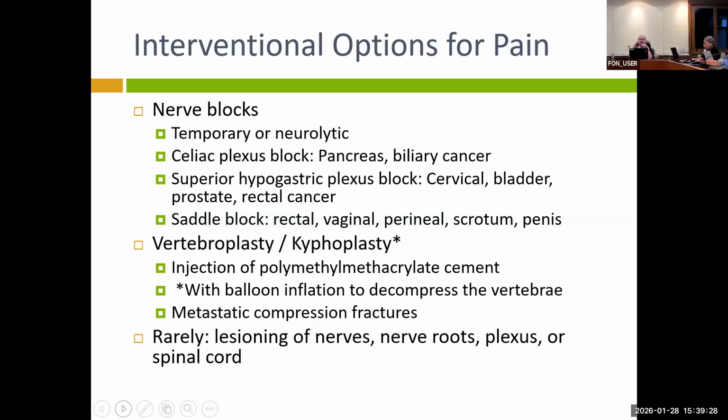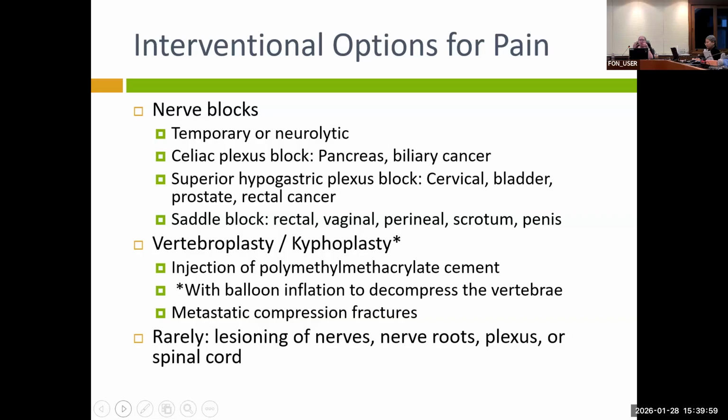And so some of the other things that we want to do is take a look at how we can manage some of the issues. Here, if there is specifically bone metastasis, which often happens with advanced cancer, then some of the things that we have are for compression fractures.